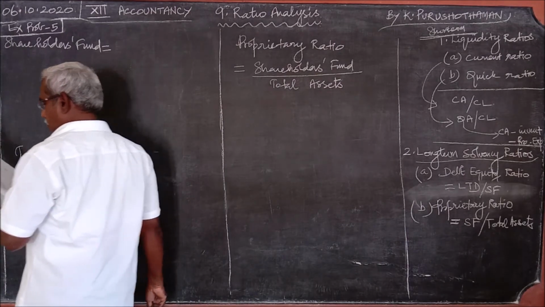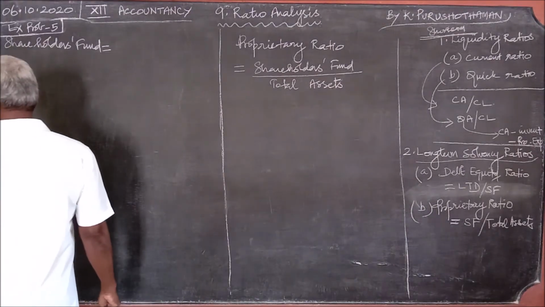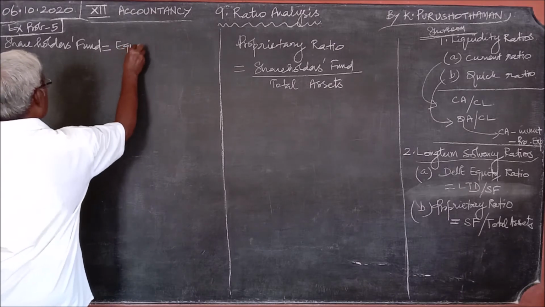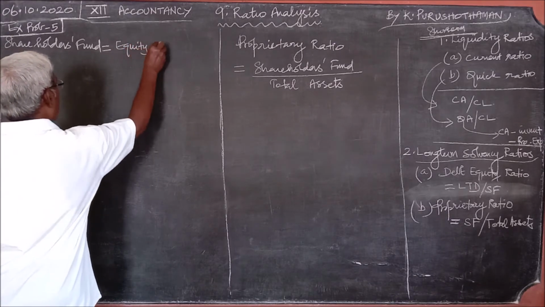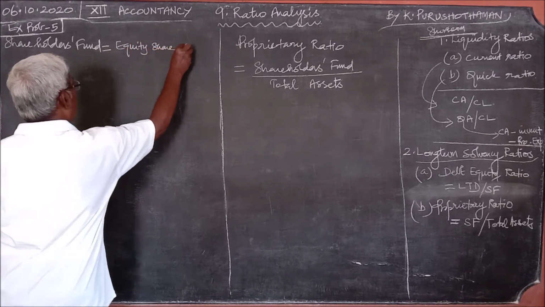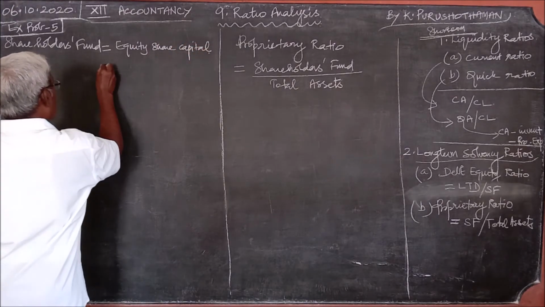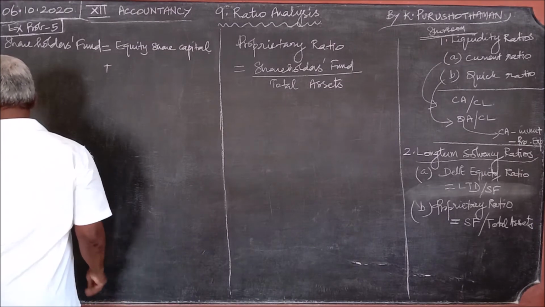In the problem, what are the shares, reserves and surplus given? Equity share capital is given, and preference share capital is given.